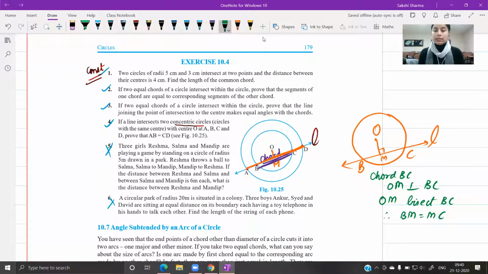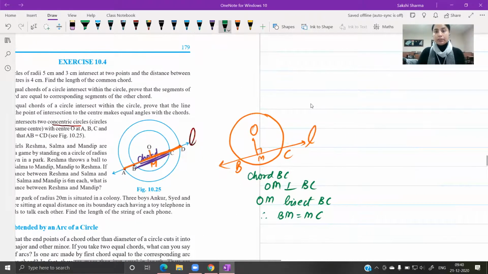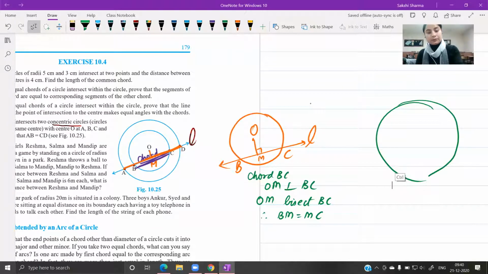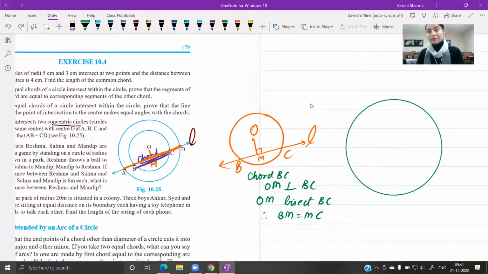A similar result can be obtained in the larger circle as well. So I will just draw roughly here a larger circle. So let us say we have the larger circle. Same line. Now this line L intersects the larger circle at points A and D, and O is the center, and we have already drawn a perpendicular on it.